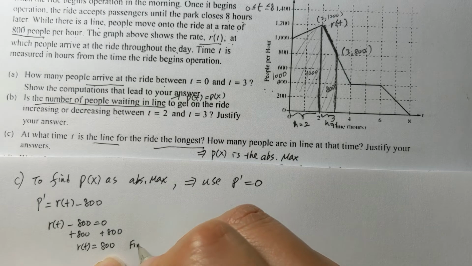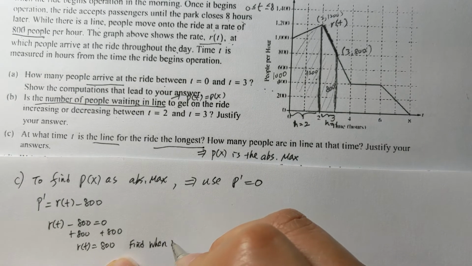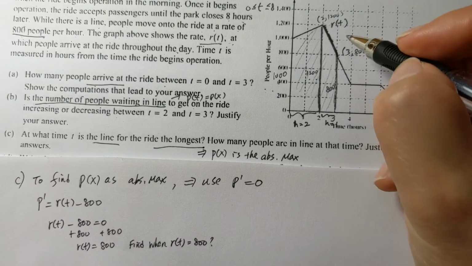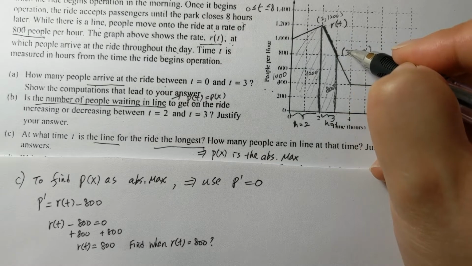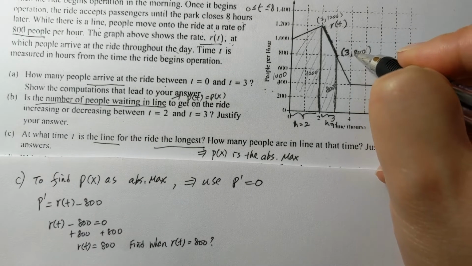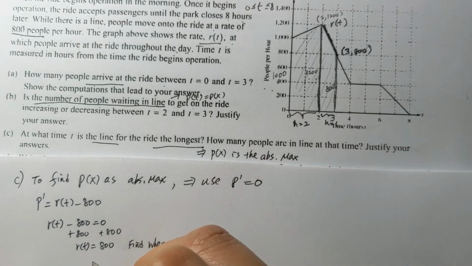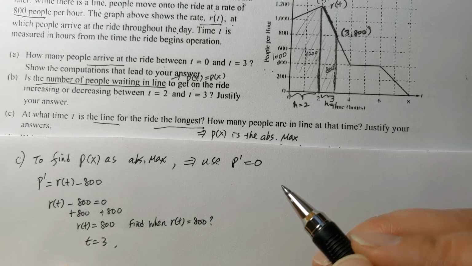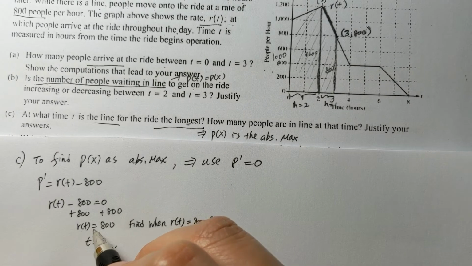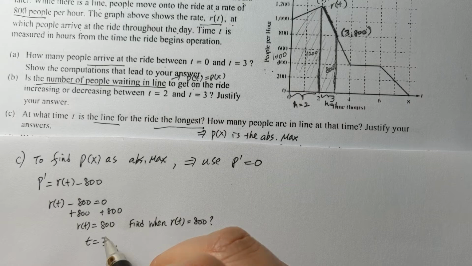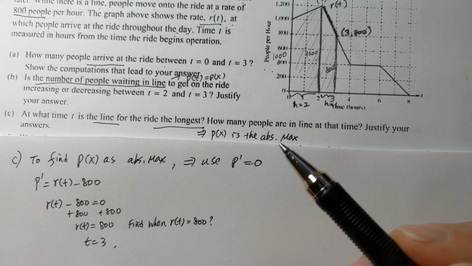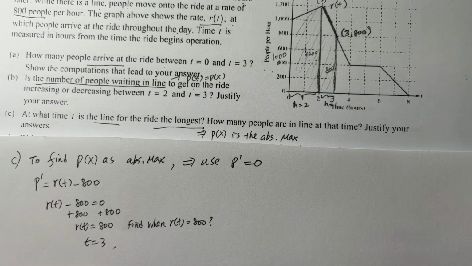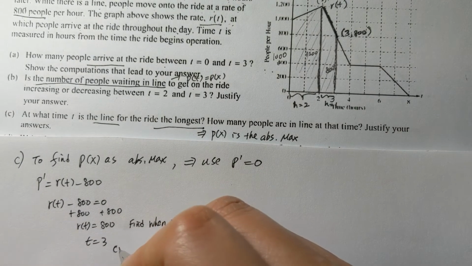So find when R(t) equals 800. 800 is over here, and we got the point (3, 800). So that means t equals 3. At t equals 3, R(t) equals 800. At t equals 3, P prime equals 0. So we found the critical value.